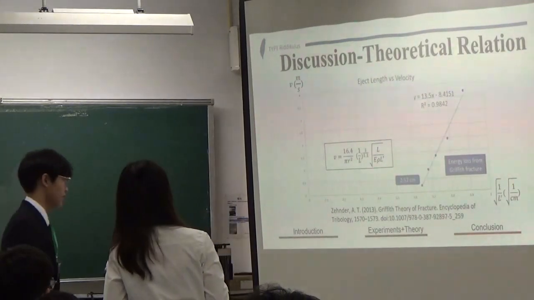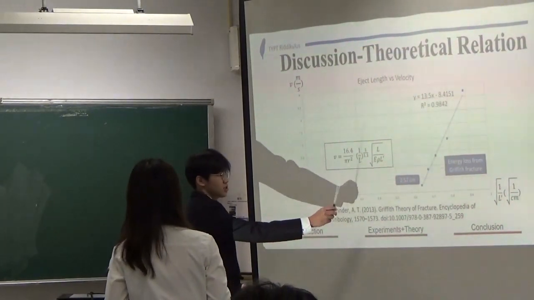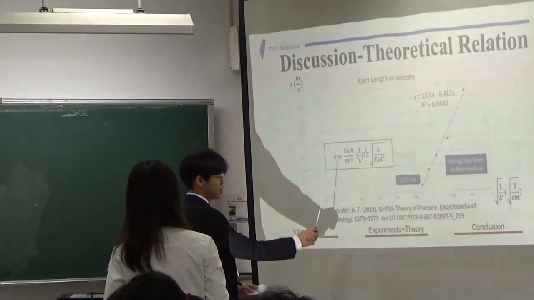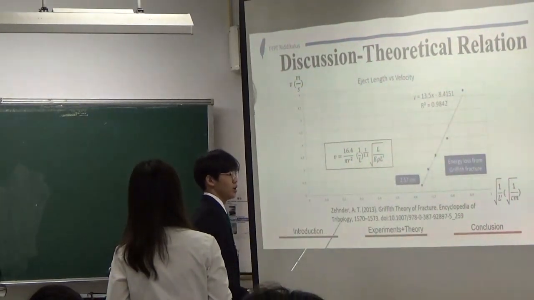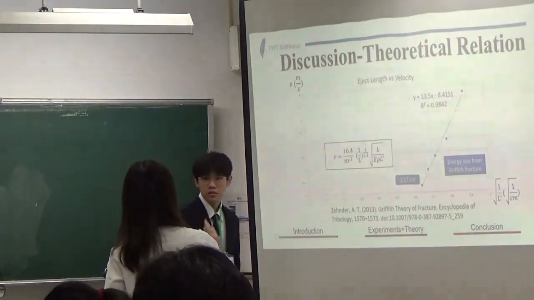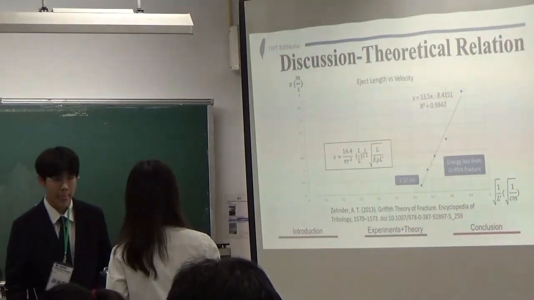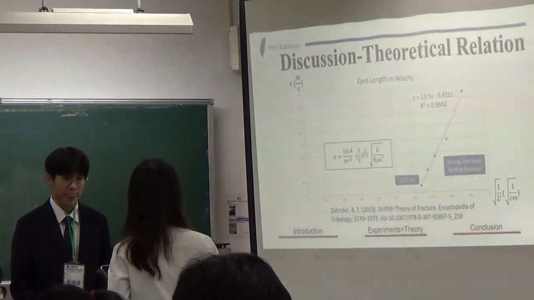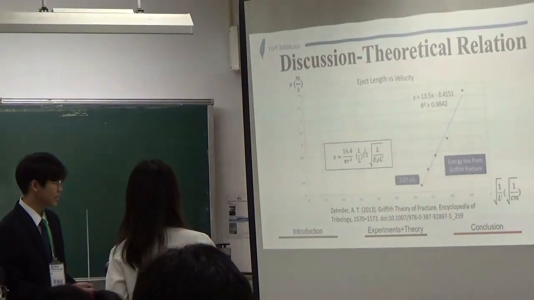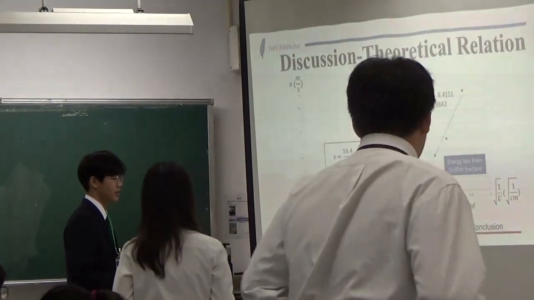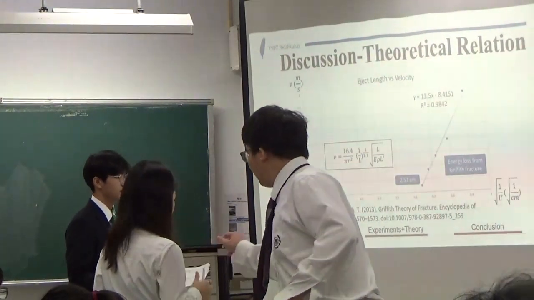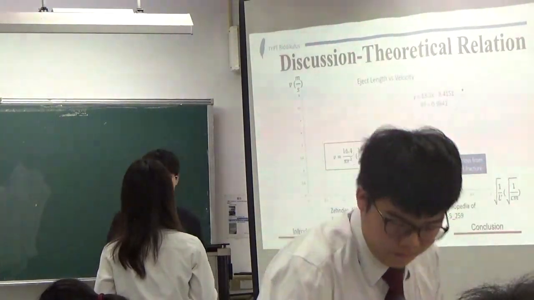So according to our theory, if the density decreases, the velocity maybe will decrease. Why does the width increase with the density? I thought the density would be the same.